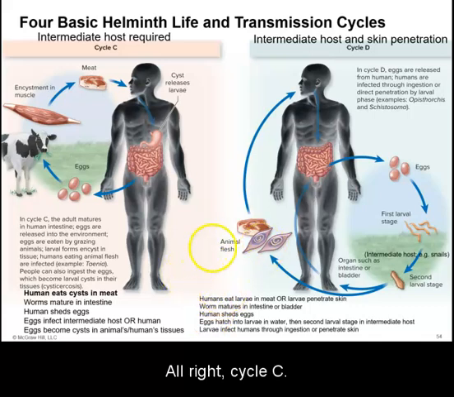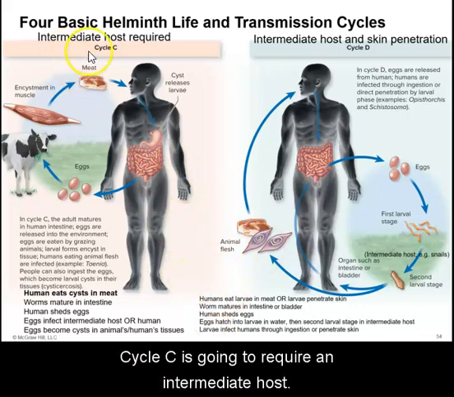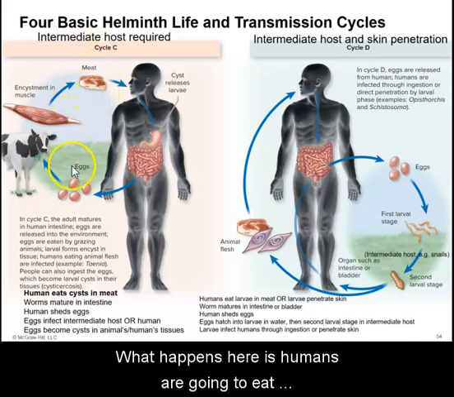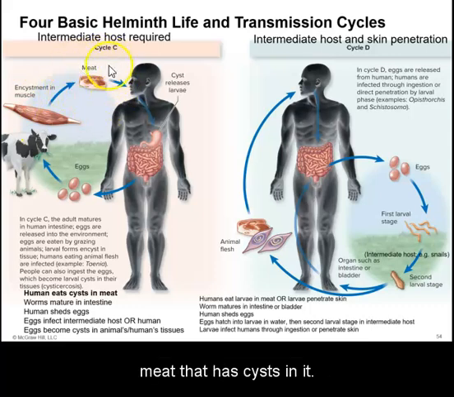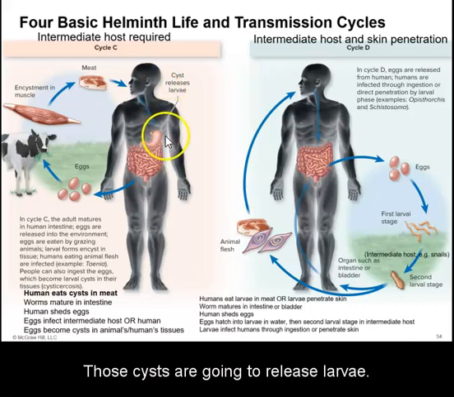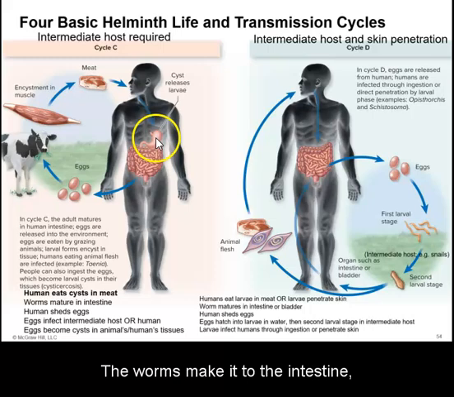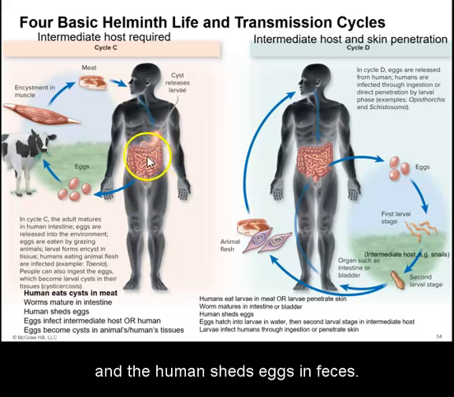All right, cycle C. Cycle C requires an intermediate host. Humans eat meat that has cysts in it. Those cysts release larvae, and the worms make it to the intestine where they mature. They mate, and the human sheds eggs in feces.